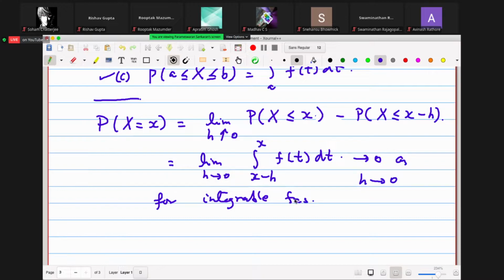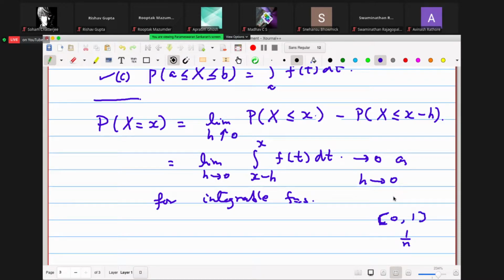That is an important thing, because f need not be bounded. For example, it can take integer values at integer points, which would make f unbounded. Or it can take integer values even within the interval 0 to 1, at specific points like 1 by n.